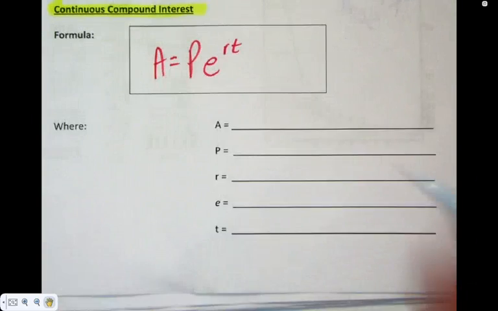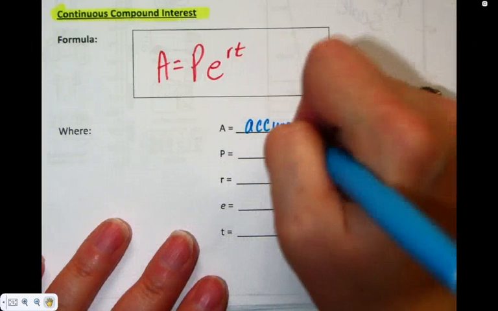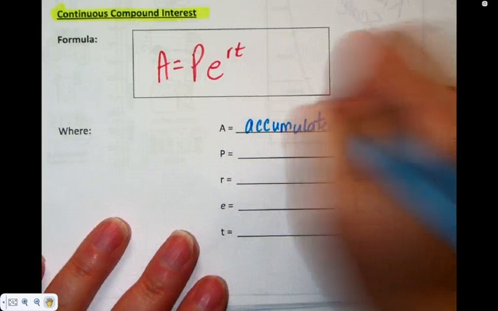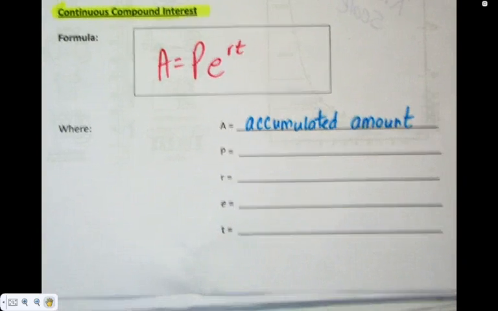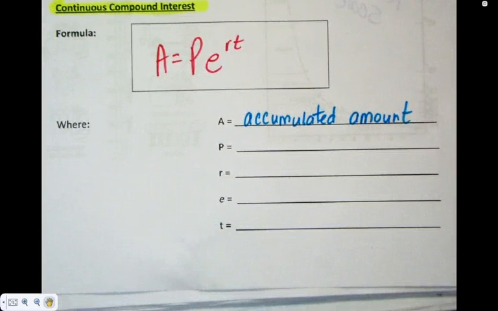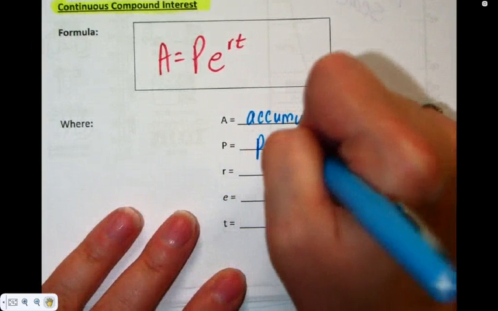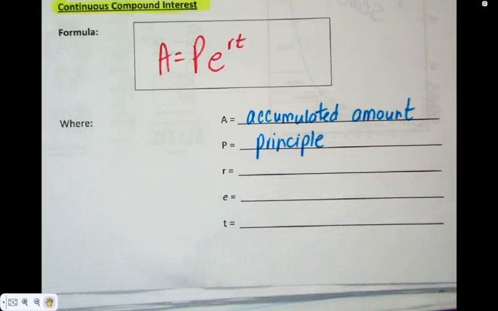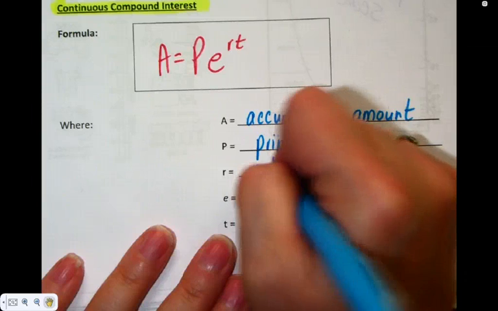A is still the accumulated amount, or the accumulated value. P is still the principal. R is still the rate, and it's still in decimal.